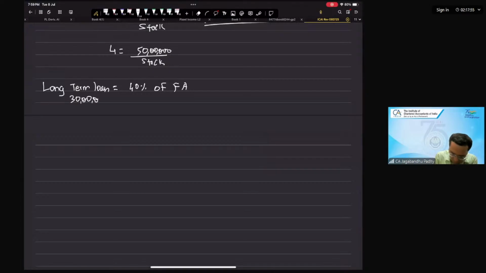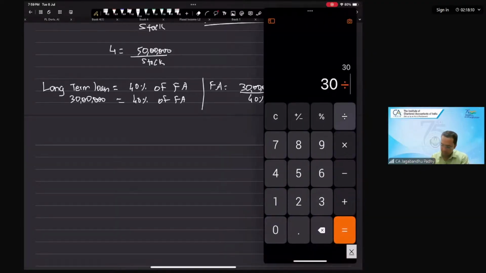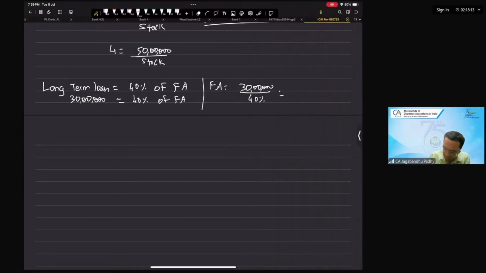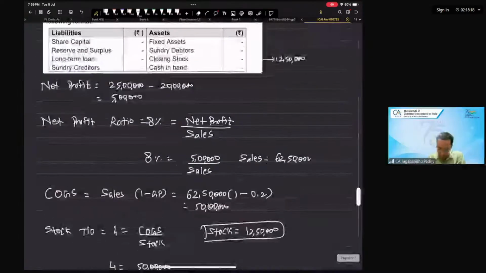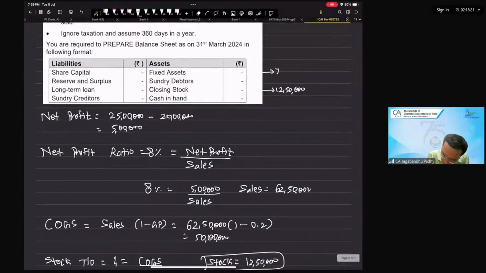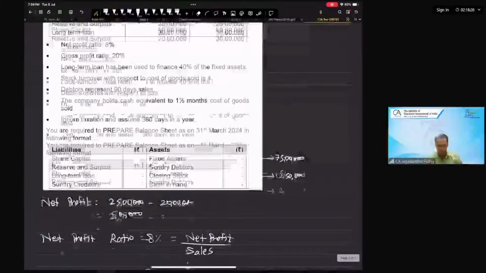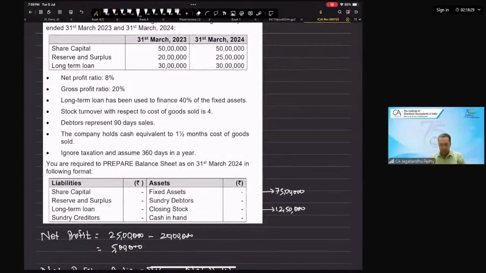This long-term loan of 30 lakh is 40% of fixed assets. So fixed asset is equal to 30 lakh divided by 40%, which is 75 lakh. Fixed asset is 75 lakhs. Stock turnover with respect to cost of goods sold is 4. This is done.